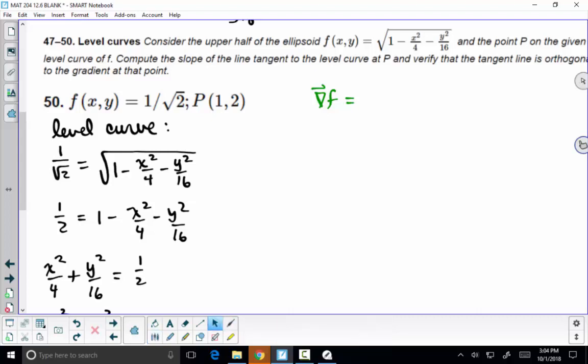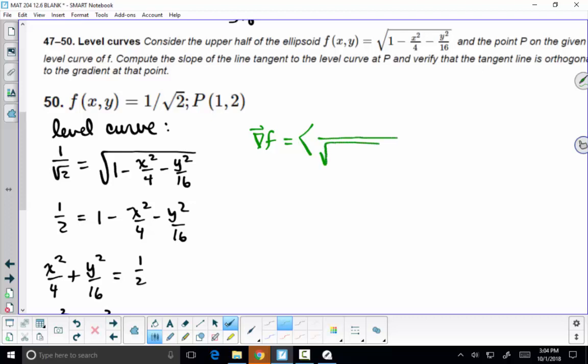We need more space. Let's move this over here. So for the gradient, we have to do that thing to the 1/2. So we're going to do 1/2 times the square root, so it's going to put a square root in the denominator. And then in the numerator, we're partialing with respect to x, so we get negative 2x.